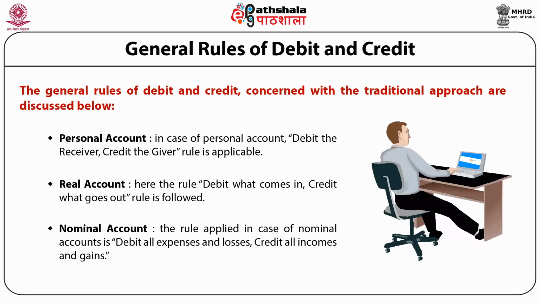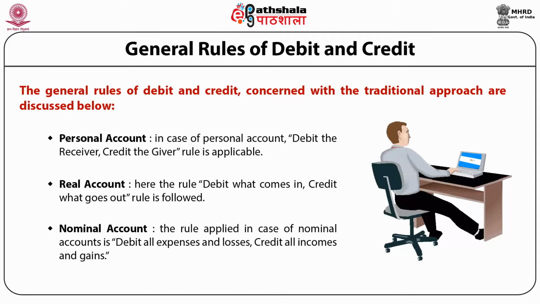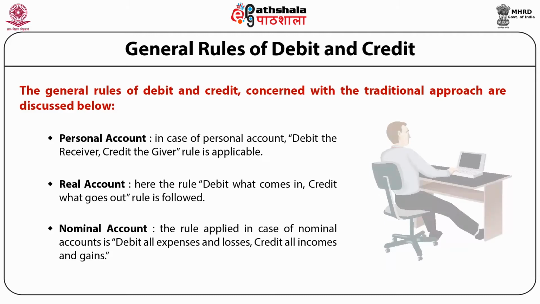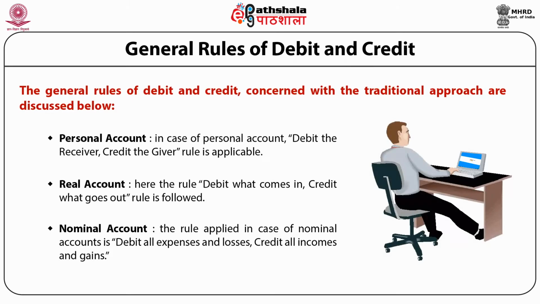On applying the rule to the real account, which is cash in this case, debit what comes in, we conclude that the cash account will be debited. Further, on applying the rule to the nominal account, dividend in this case, credit all incomes and gains, we conclude that the dividend account will be credited. So the entry will be made as follows: cash account debit rupees 50,000 to dividend account rupees 50,000.